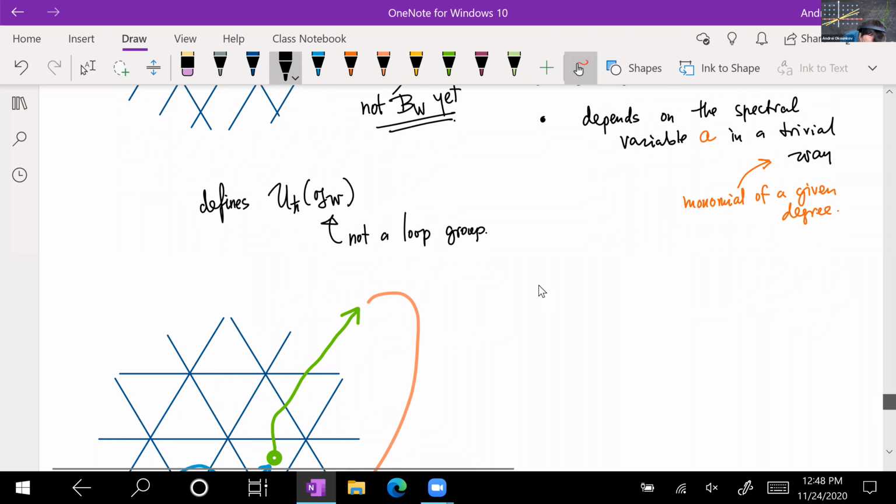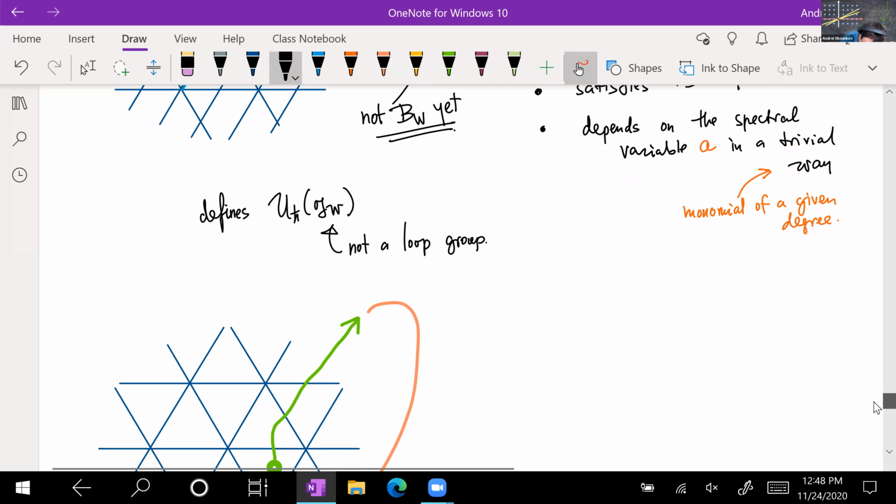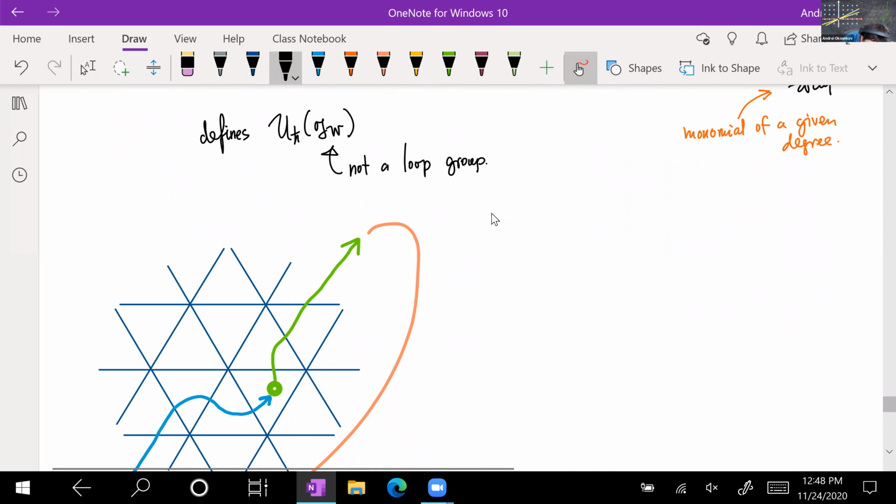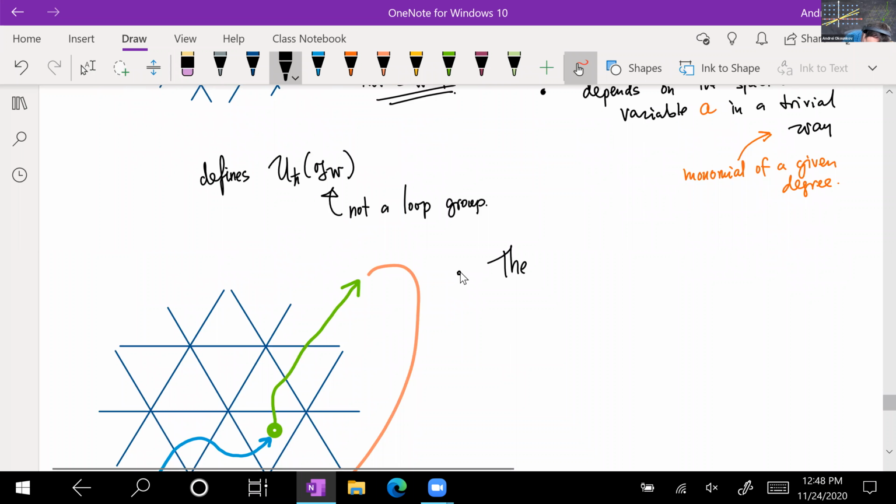In logical order, if you want the R matrix, the old R matrix, so this was the next bullet point, the old R matrix, which we discussed, the R matrix corresponds to changing the attracting and repelling directions.